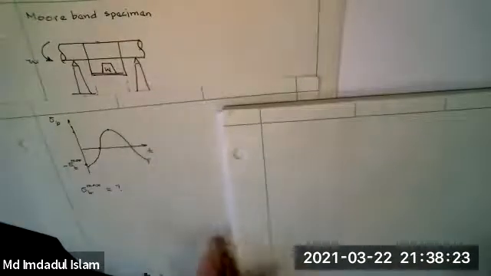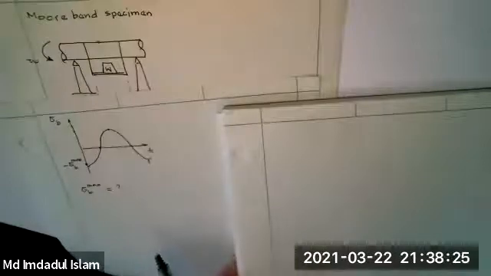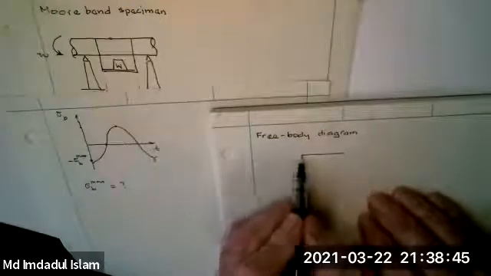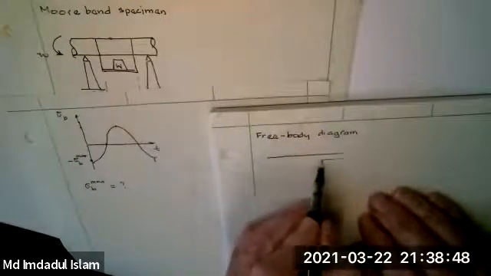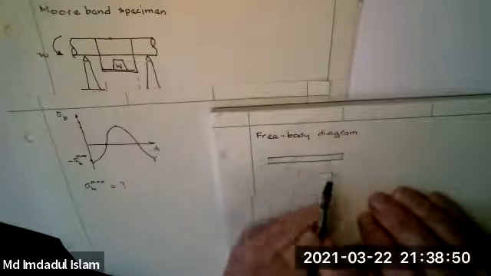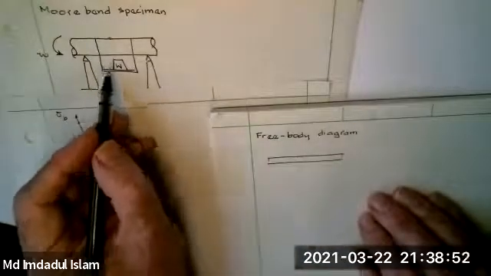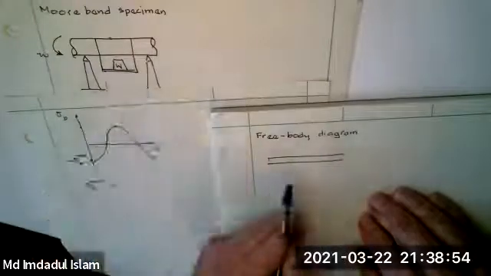If I do a free body, it's very simple. It's symmetric. This is the shaft. And so it's fair to say half of the weight is coming through each of the strings.